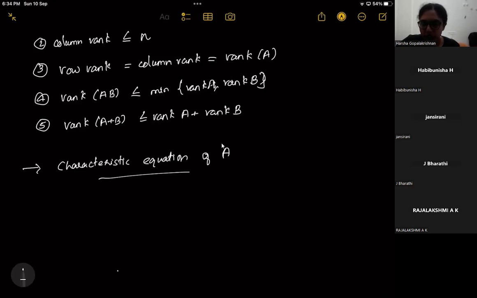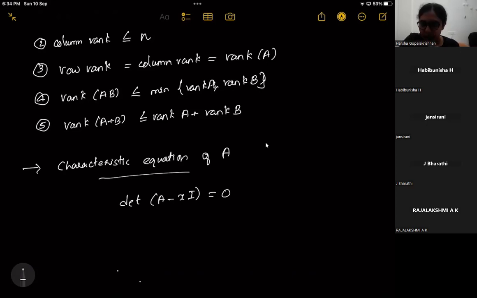A is a square matrix. What will be the characteristic equation of A? It will be determinant of A minus xI equals 0.